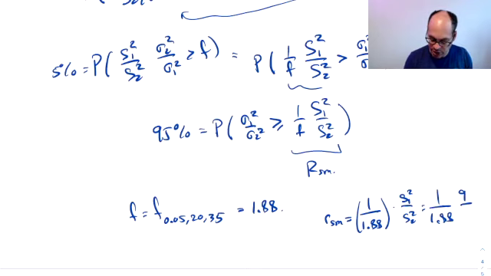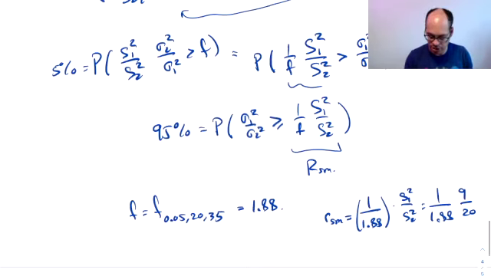Measured value is 9. Measured value is 20. So let's ask R again. If I say 1 divided by 1.88, and I multiply that by 9/20ths, we get 0.24-ish.